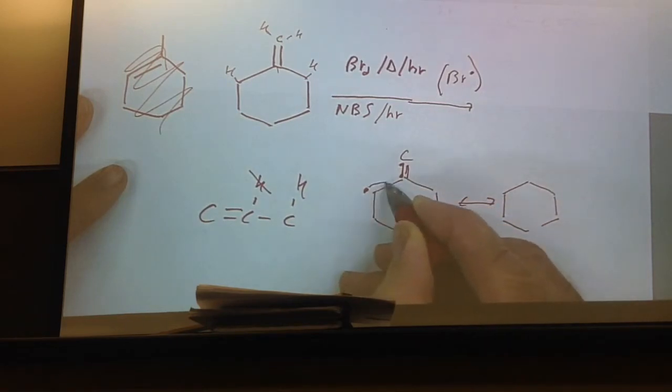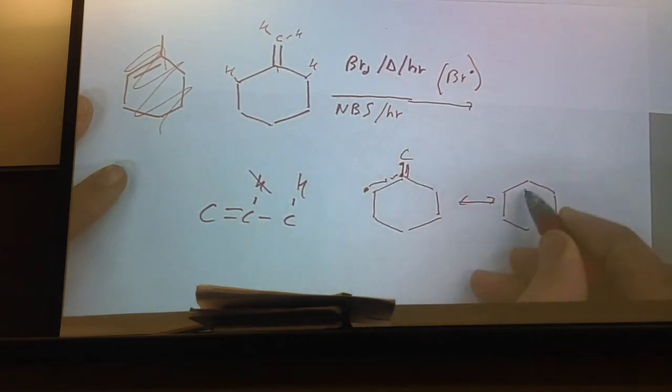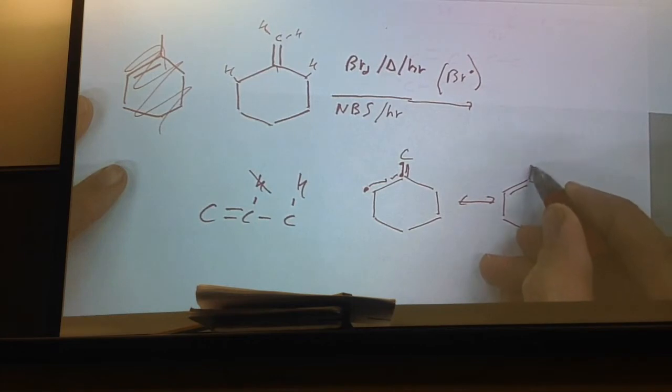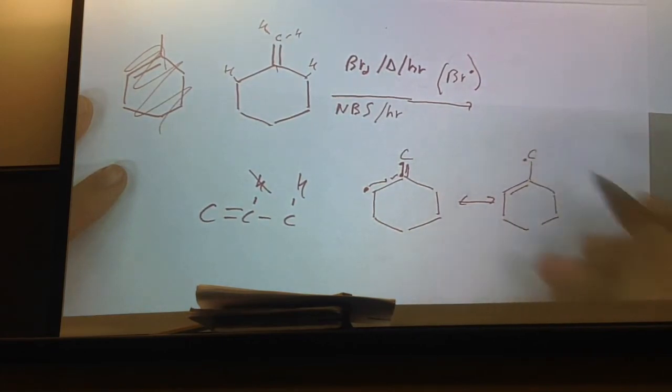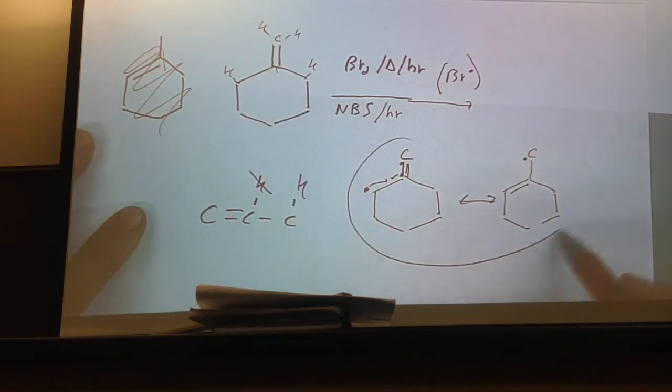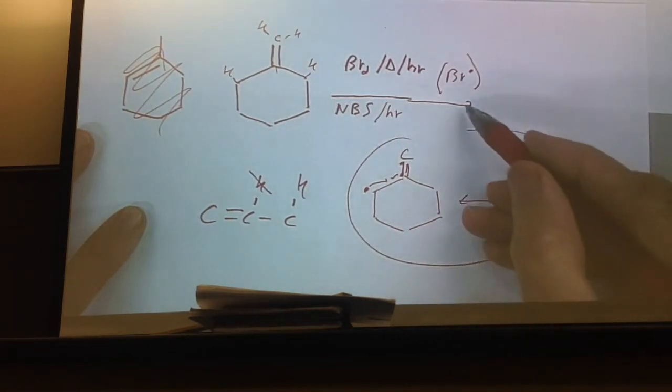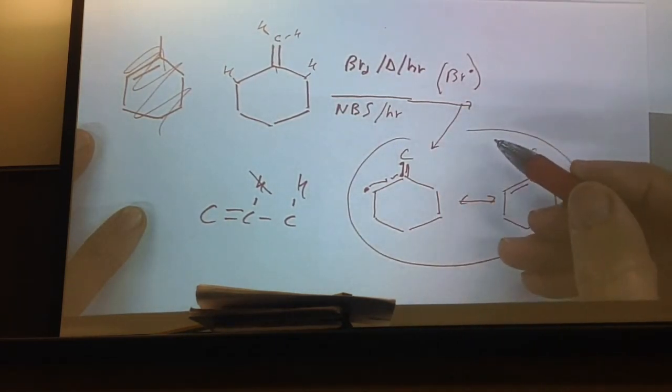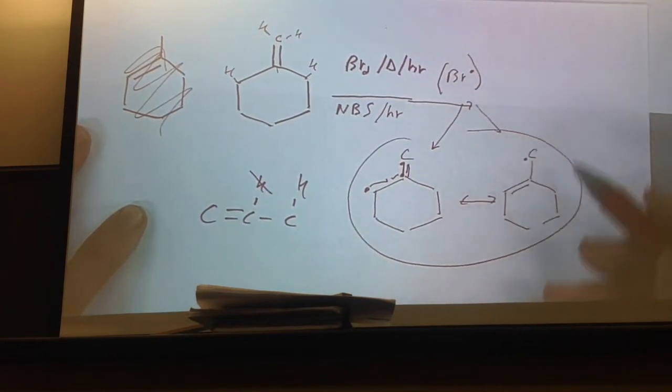I can move this electron here and move this one here, and then one here. Another radical would be here. See? So two resonance forms you're going to get. What does a radical look like? It's a blend of these two pictures. So the bromine atom is sometimes going to react with this picture, sometimes it's going to react with this picture.